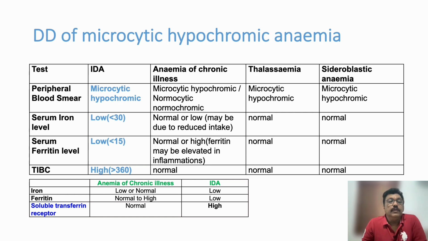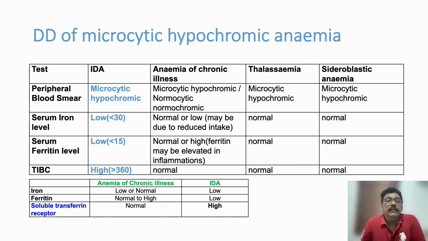Total iron binding capacity is high in iron deficiency anemia, because there is no iron. How much ever iron we give, that can bind to the site. In other conditions, it will be normal. So between anemia of chronic illness and iron deficiency anemia, the most important investigation will be soluble transferrin receptor.